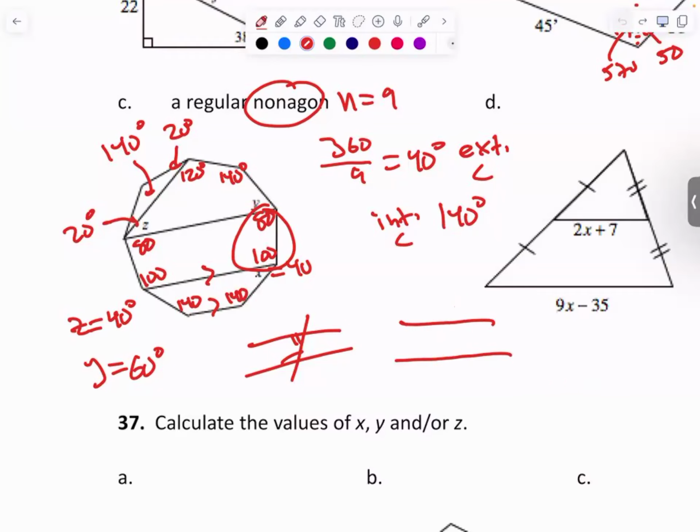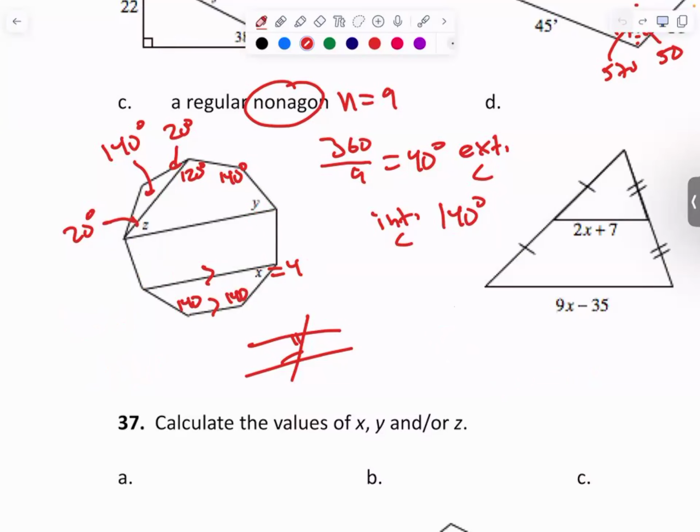Let me back up a little bit here. Isn't it also that X equals 40 and then the angle across from that is also 40? So let's call this A. What would A and X add up to, guys? 140, right? And X is 40. We already established that, right? Because of parallel lines. Therefore, A has to be 100. Yeah, because these are the same and these are parallel. That's why.